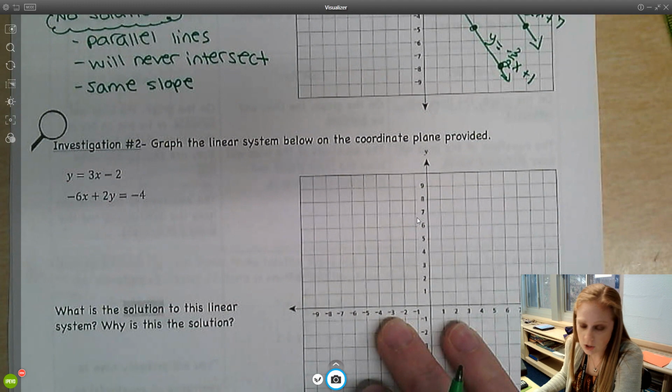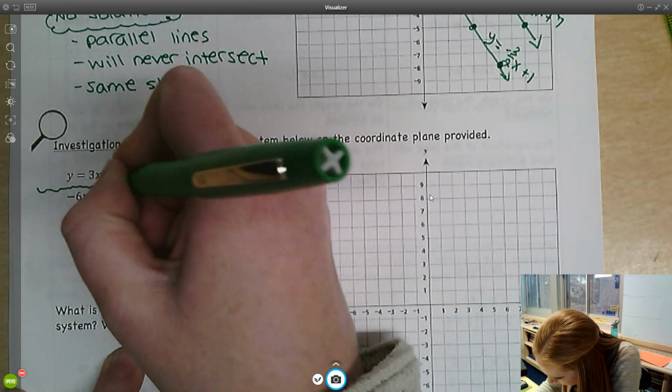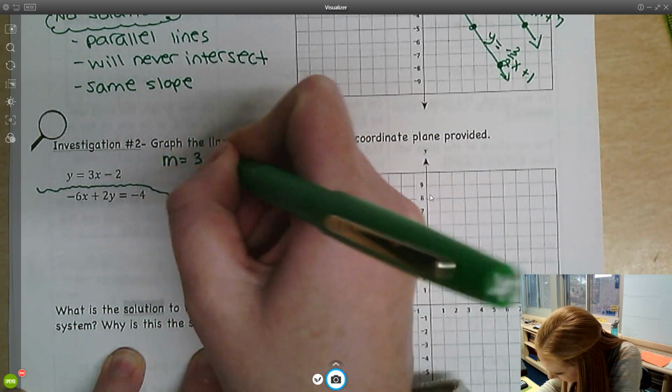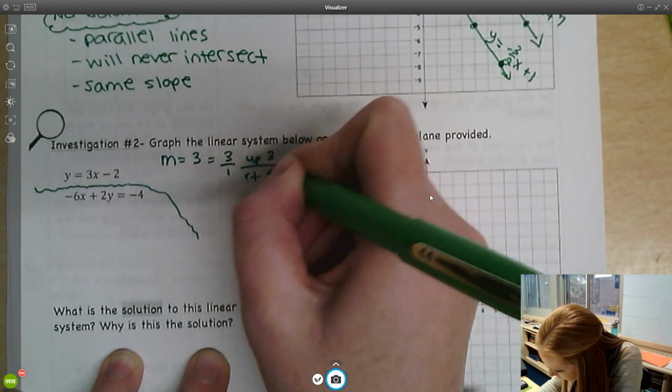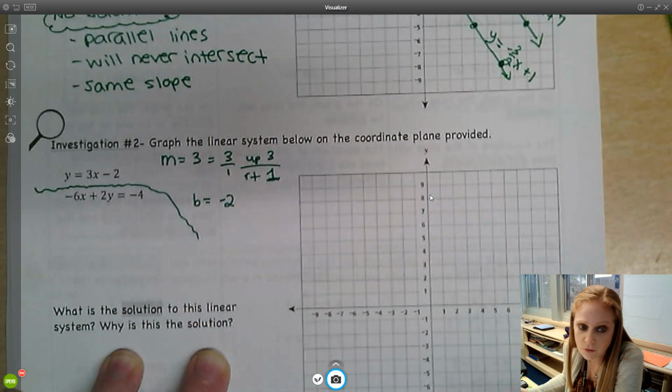Now let's graph these two. For the first one, our slope is 3, as a fraction 3 over 1, which means we're going to go up 3, right 1. And our y-intercept is negative 2.